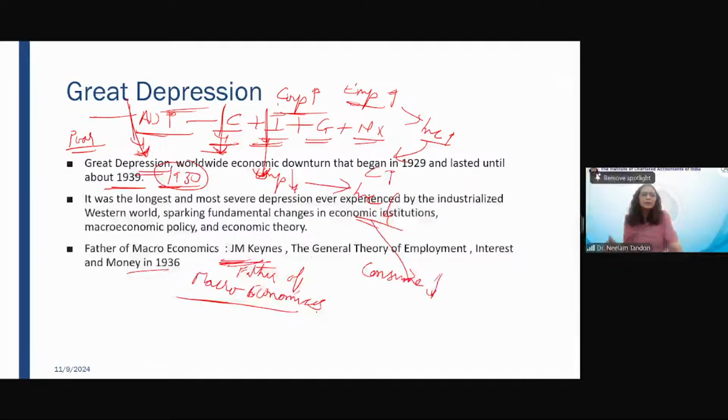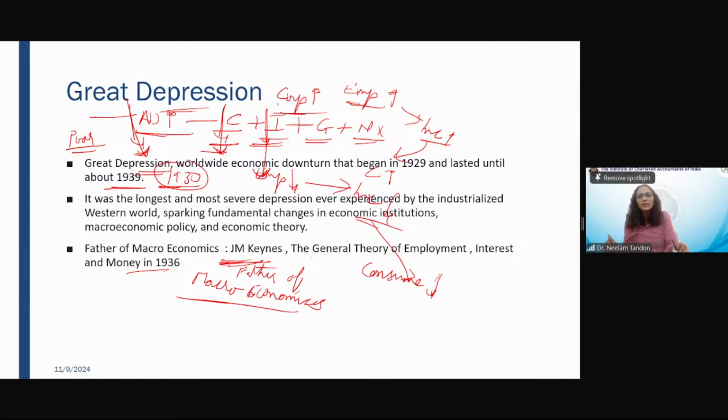This concept was brought by John Maynard Keynes in 1936: that government has to play a very important role when the economy is in a downturn, and that is why the economy was back on track, and countries started generating income. People started getting jobs. Income increased in the country, and with the increase in employment, demand was created.